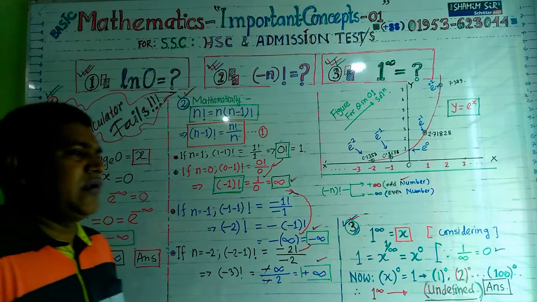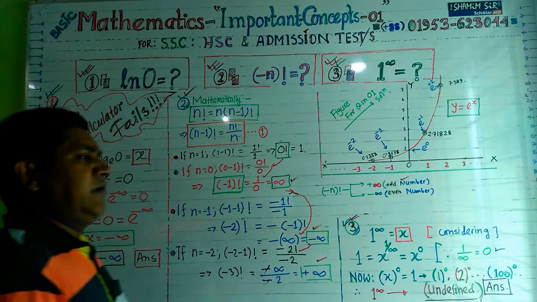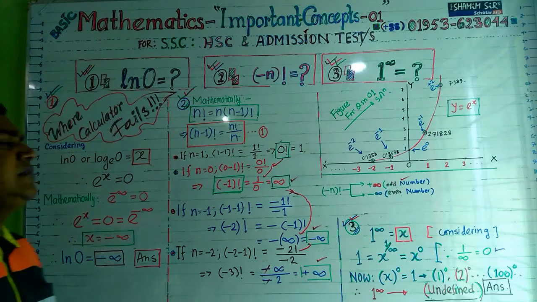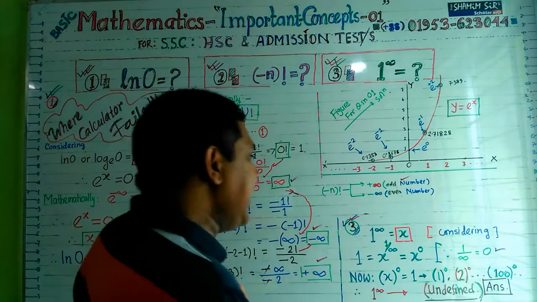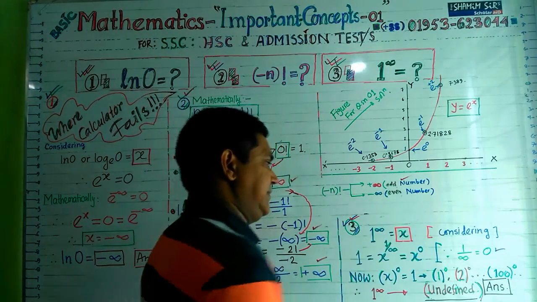You all may say 1 to the power infinity equals 1, because we know any power of 1 is 1. Okay, let's see. Again consider 1 to the infinity equal to x.